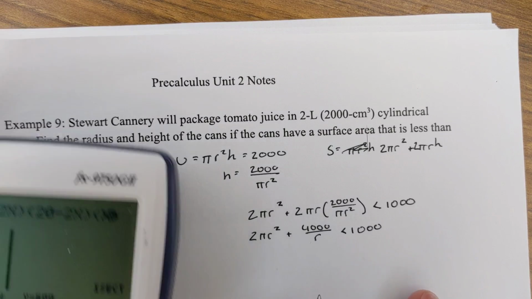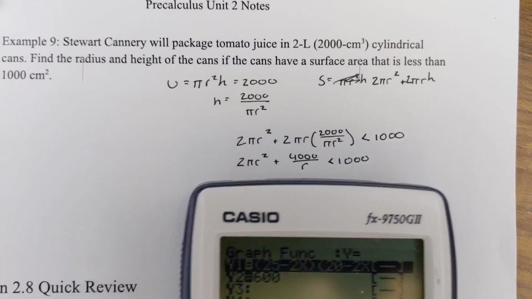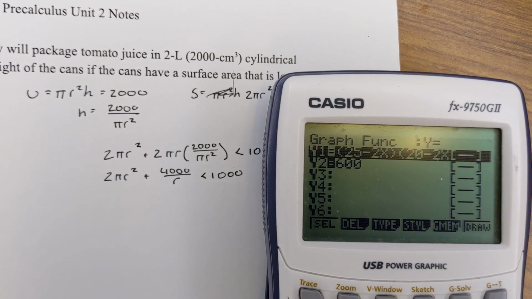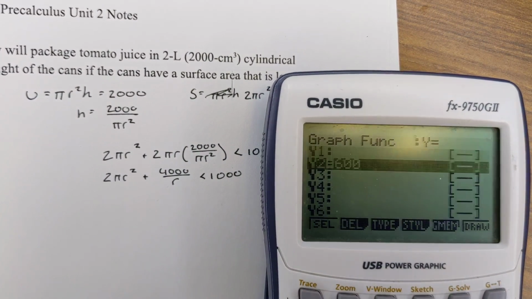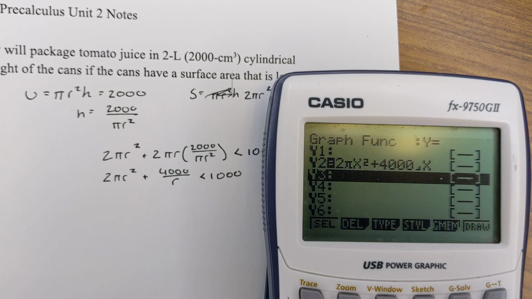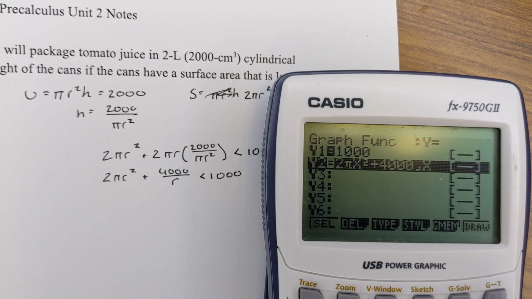So I'm going to use the graphing method again. I'm going to graph the left and right hand sides separately. Let's see if I can get it all on the screen at once. That'll do. So 2 pi x squared plus 4,000 over x, that's the left hand side, and 1,000 over here.